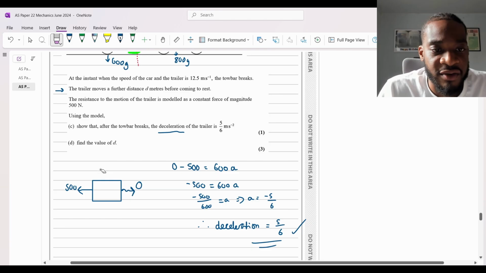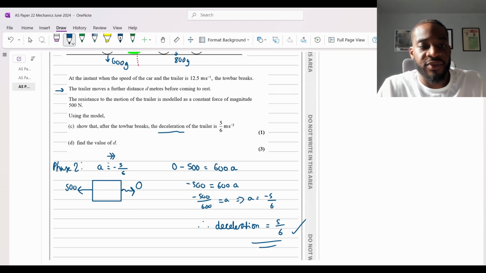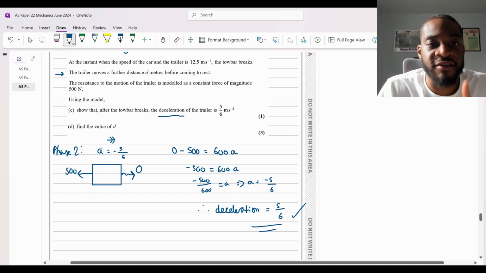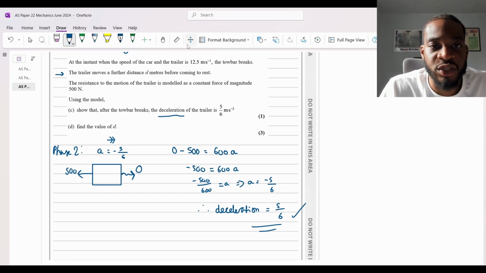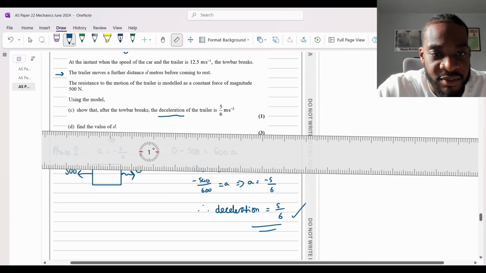Let me write phase two here, and then the acceleration is minus 5 over 6, and it's going that way. And we're looking for the distance d. So the trailer moves a further distance d before coming to rest. Let me draw a horizontal line, using a ruler to make it horizontal.